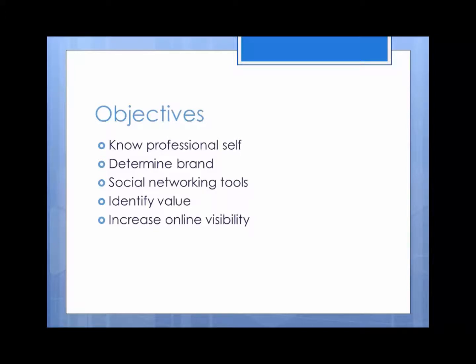The individual also needs to be able to determine their brand. They need to understand how to network using the various social networking tools. It is essential that the job seeker know how to provide value to the potential employer. And then the last part is to make sure that once they understand how to provide value, they know how to become visible.